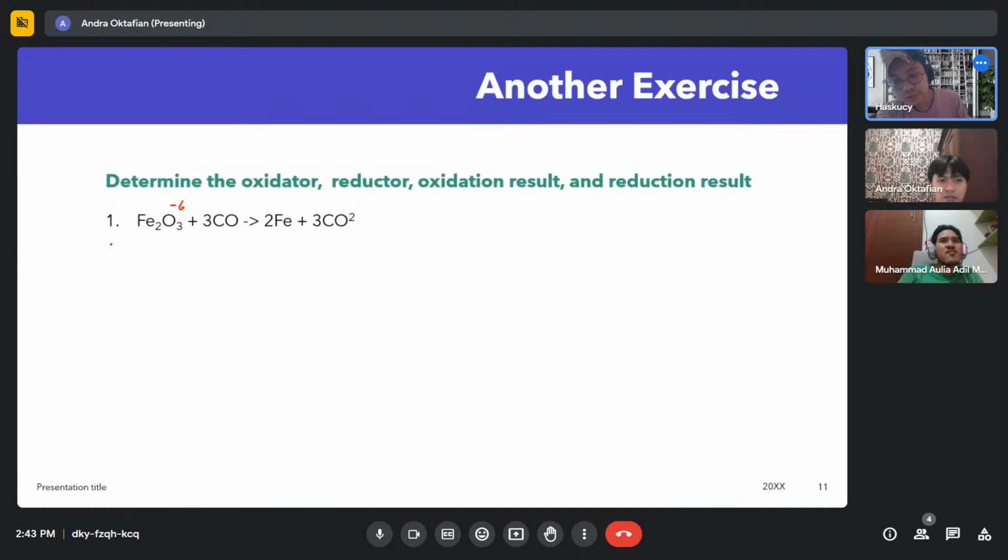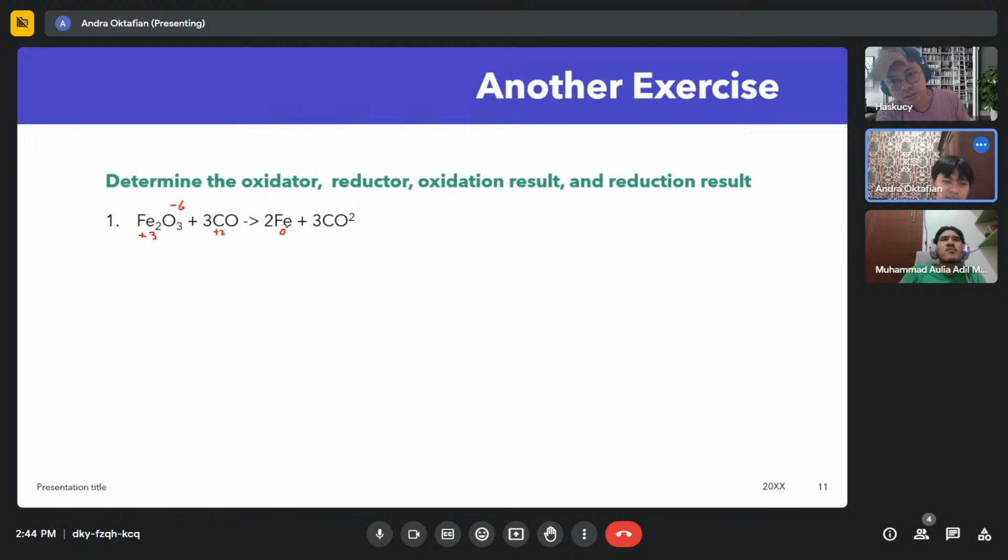Each of the atoms of iron is plus 3, and then the 3 CO should be minus 2. This carbon should be plus 2. And then after the reaction, the iron must be 0, right?